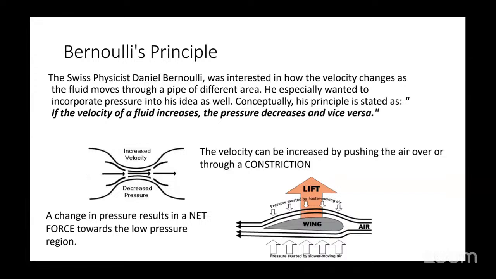We solved some examples and moved on to Bernoulli's principle, which is a principle that relates speed and pressure. So according to Bernoulli's principle, the velocity or speed of flow of a fluid in a given direction is inversely proportional to pressure. So if the speed is high, then the pressure will be low. If the pressure increases, the speed will decrease.